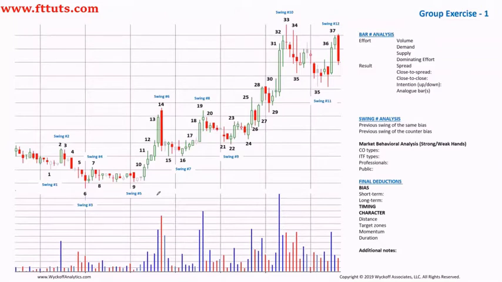I would say maybe at bar 9, because it has that tail on it. There's still some demand there, and the supply looks like it has gone down.